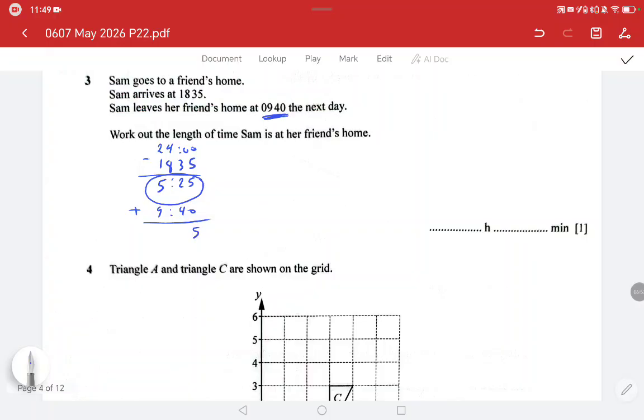So 1 plus 5 is 6, 6 plus 9 is 15. In this case, you will have 15 hours and 5 minutes. So just split it to make it easy for yourself, to not make mistakes. Next one.